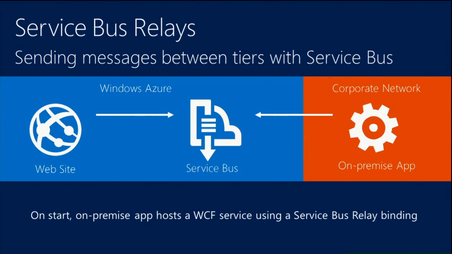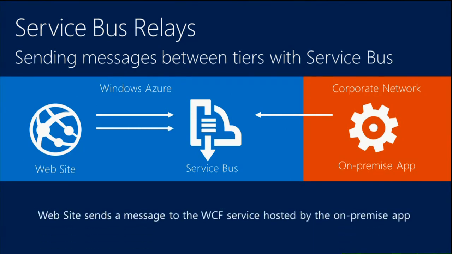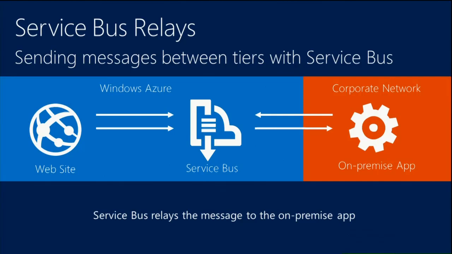When it starts, it connects to this endpoint on the service bus. The website then sends a message over the WCF service to the service bus. The service bus has intrinsic knowledge that this message came over the WCF service, so it relays this message to my on-prem application. The keyword is relays.